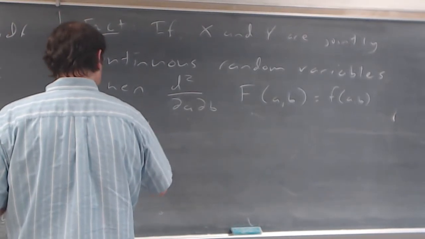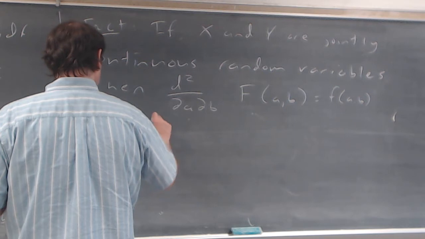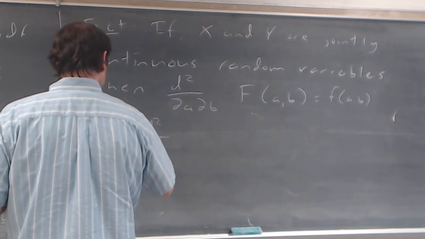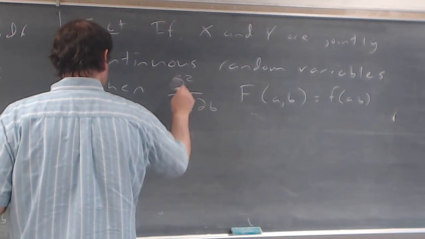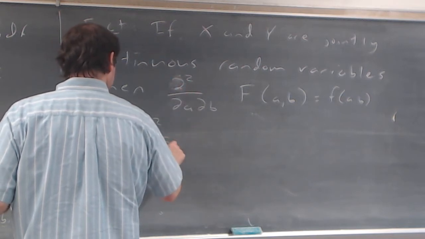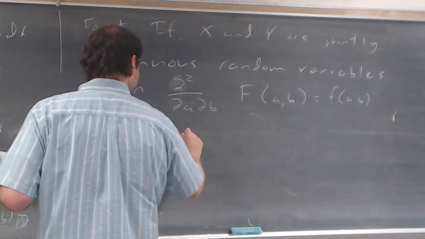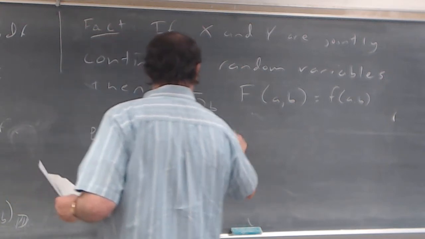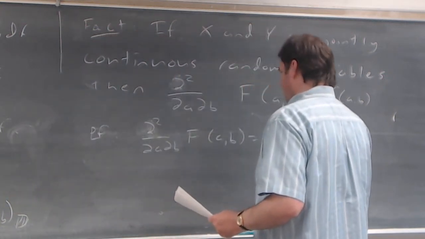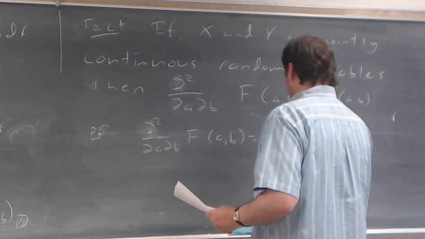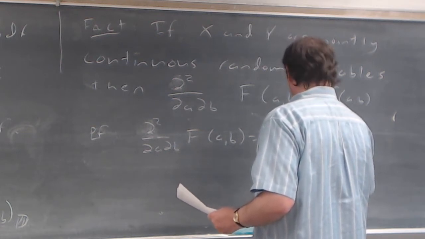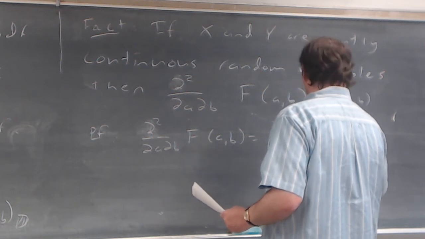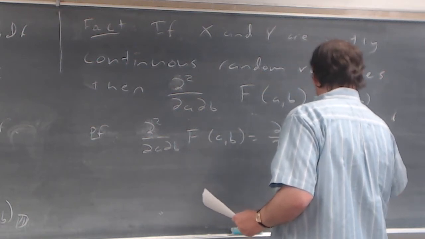So here, if you take the partial derivatives with respect to a, b of f of a, b, what this means is we're going to take the partial derivative with respect to b first of the joint CDF.